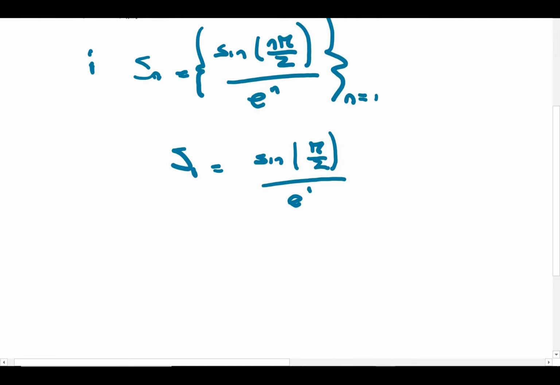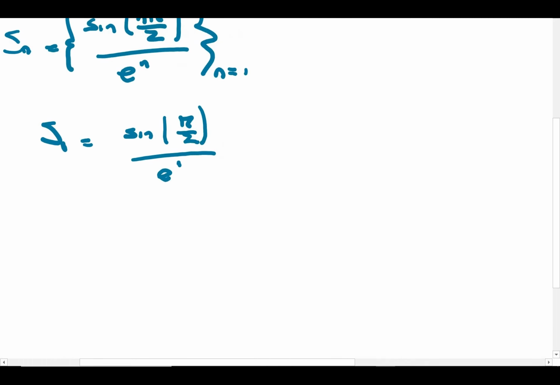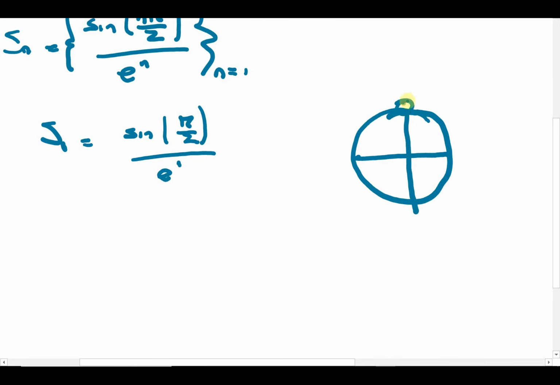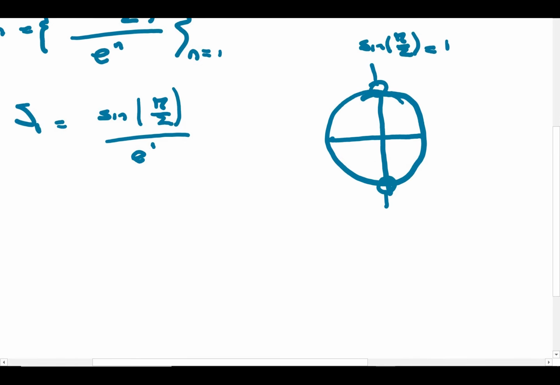But notice how on a circle, if we focus on these two areas, this is sine(pi over 2), which is 1, and this is sine(3 pi over 2), which equals -1.